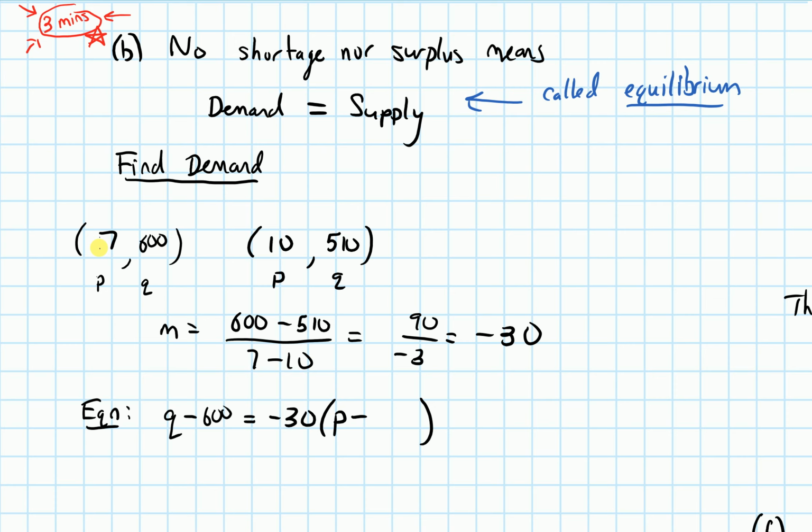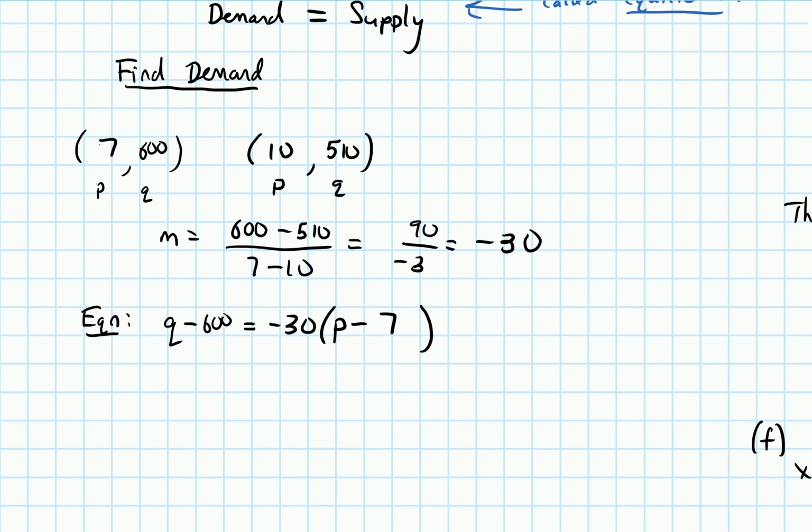And the p coordinate is 7, so I write p minus 7. I'm using point slope form here to get my equation. So we have q minus 600 equals, distributing the negative 30, negative 30p plus 210. And if I isolate q, we get q equals negative 30p plus 600 added to 210, which is 810. And that's our demand equation right there.